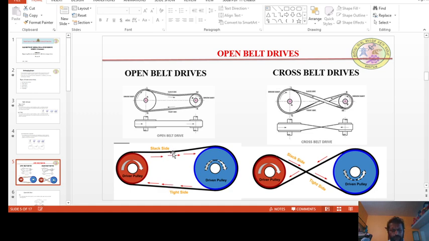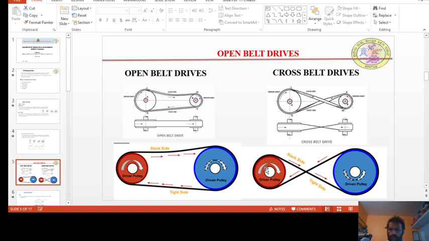The side where the belt has less tension is called the slack side, and the side in which the belt has more tension is called the tight side. From the tight side, the driver pulley pulls the driven pulley, and in the case of the open belt drive, the directions of the driver and driven pulleys are the same.